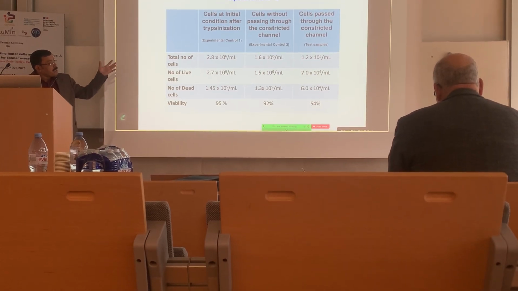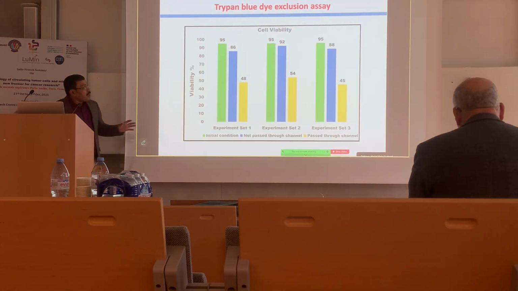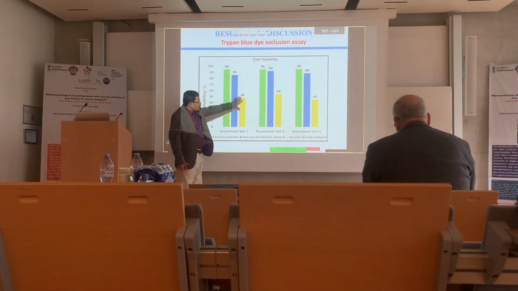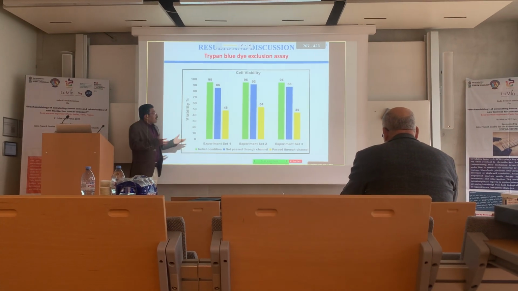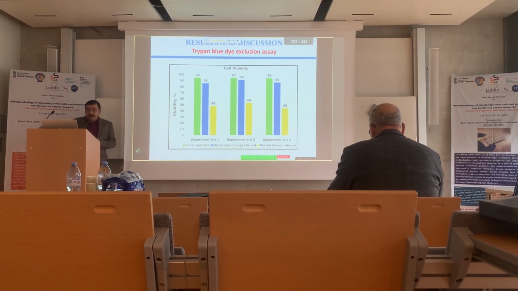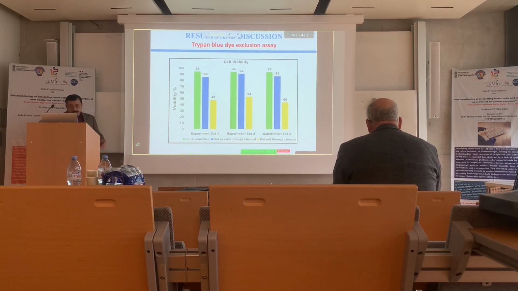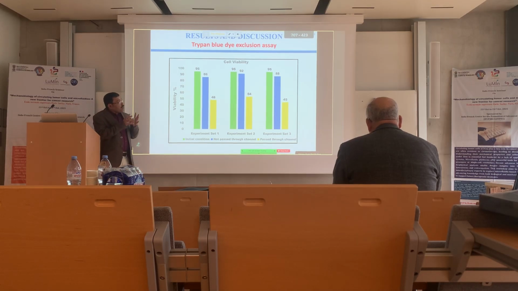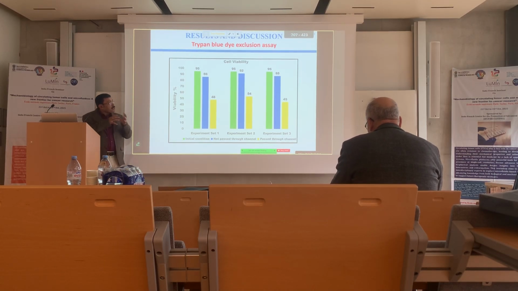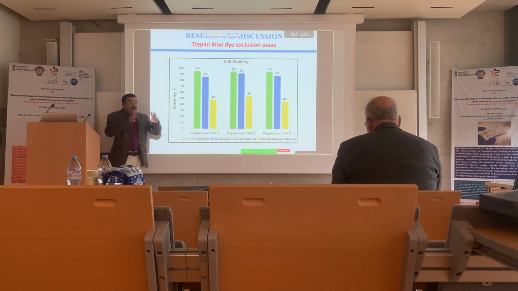We have done experiment 2 and experiment 3 like that, and mostly we have seen in all cases that almost 50% still are live cells, which can actually grow and spread the cancer. So although these cancer cells experience very high stress when passing through the constricted passage, we still have live cells, and they have the capability to grow again.